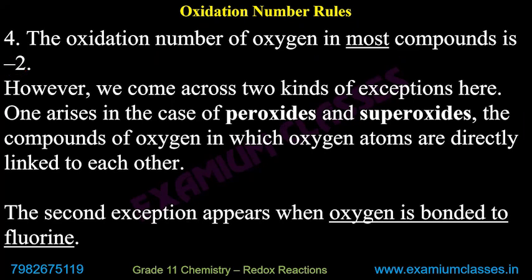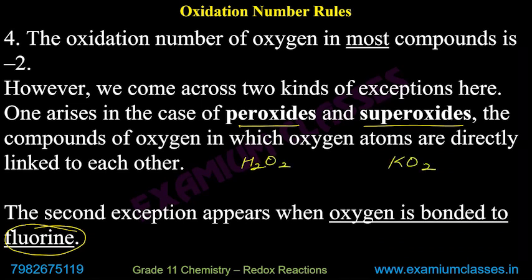But in a few oxides, that is peroxides and superoxides, the oxidation state of oxygen will be different. And also when oxygen is bonded to chlorine. Peroxide, you know, H2O2. Superoxide, KO2. Superoxide means oxygen is more than required.